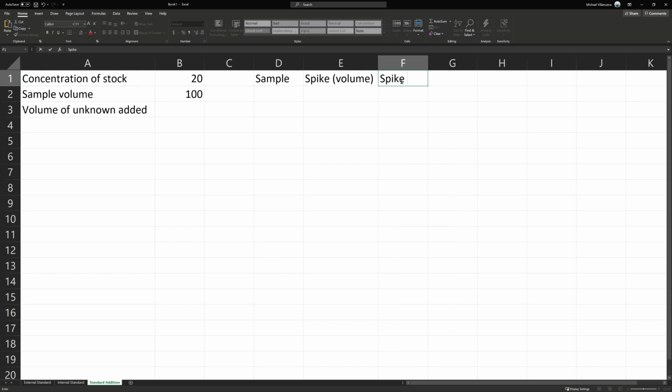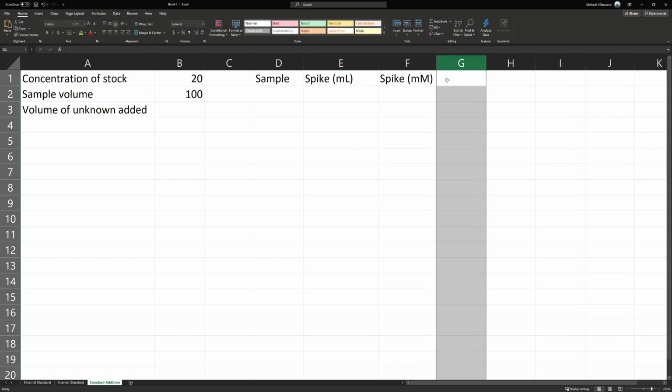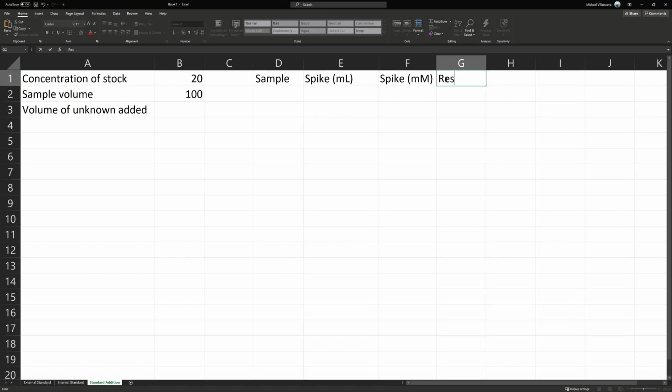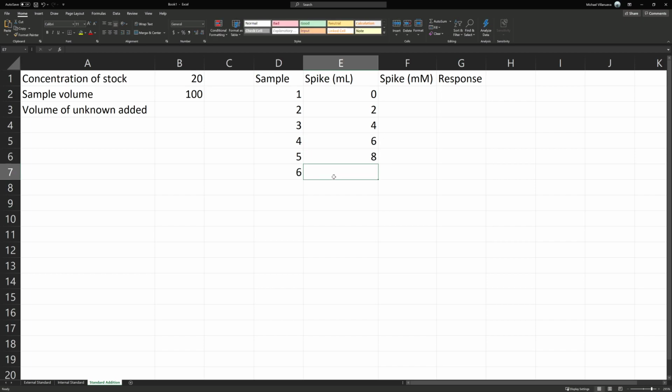Spike. Sample 1, 2, 3, 4, 5. And remember the initial spike is going to be 0. Let's do 2, 4, 6, 8, and 10.